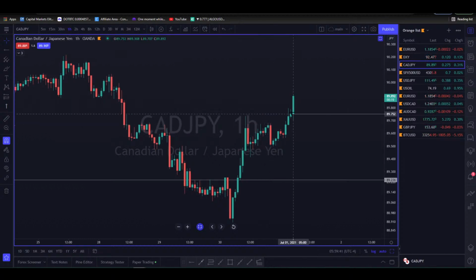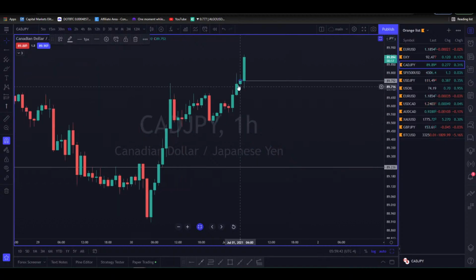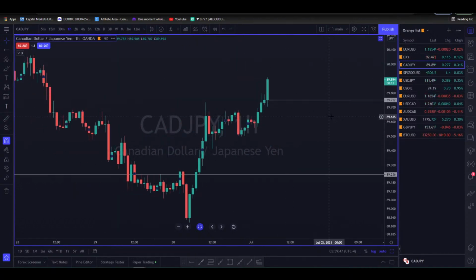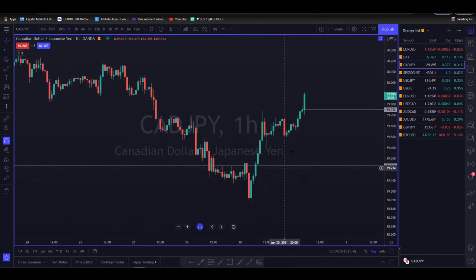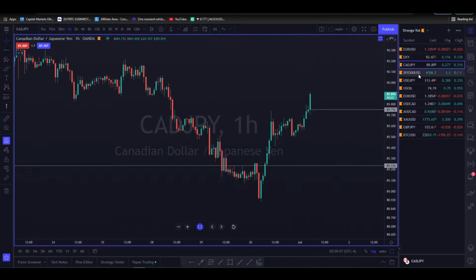So you could possibly watch the last hourly close, right? This last hourly close, see if you get back down to there and see if that holds as support. If so, then you can look for a little bit higher, but you're coming into resistance. So I would probably leave it alone as it's at the top of the day.